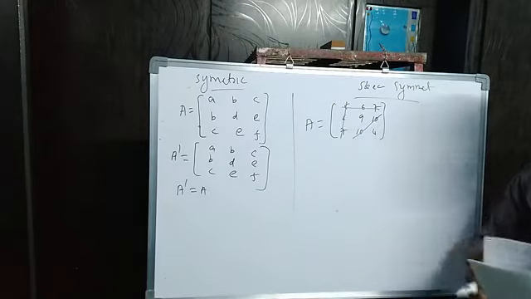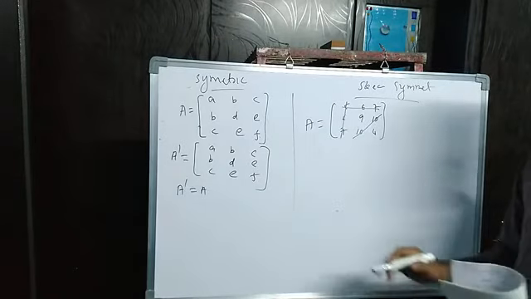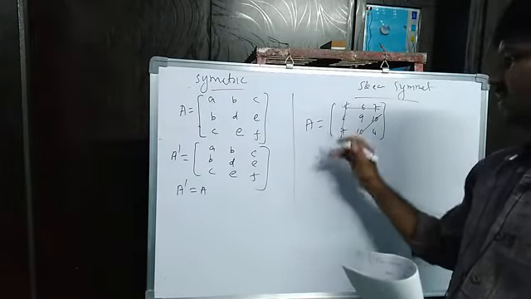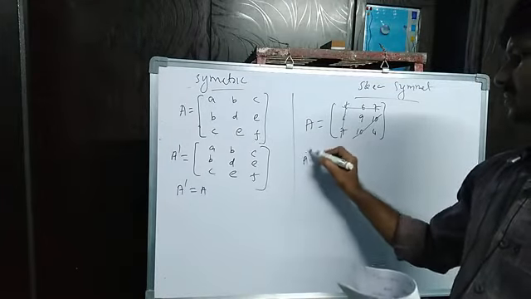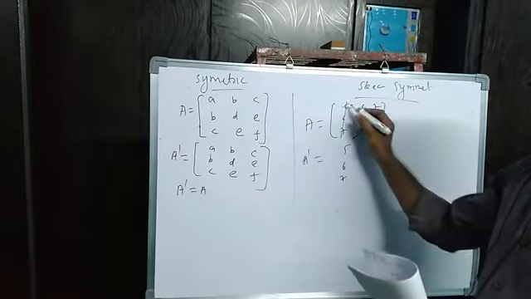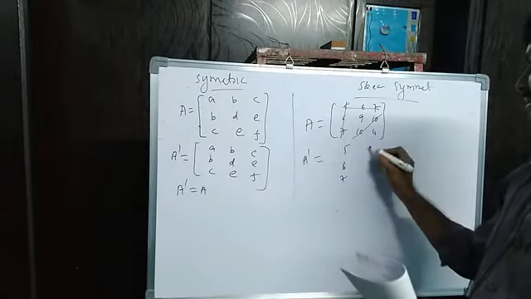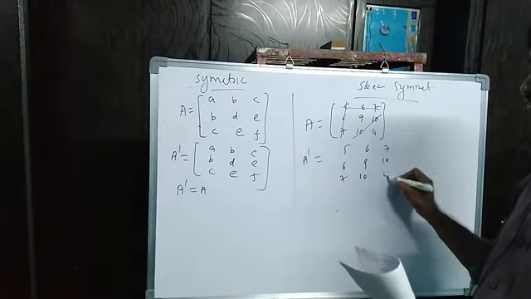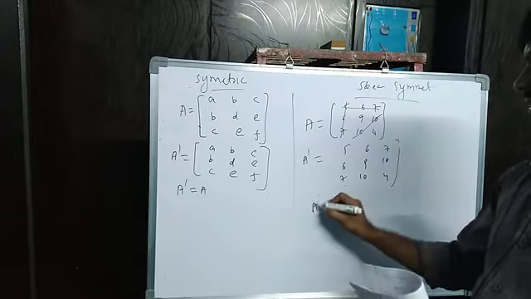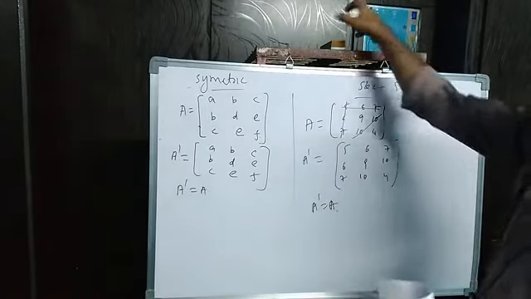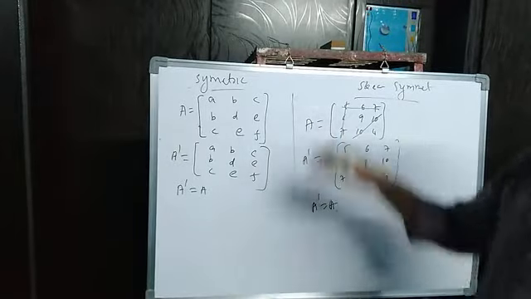These two must be different elements. Then it is symmetric. That means if you write the transpose matrix of A, you will get the same matrix. A transpose equals 5, 6, 7; next 6, 9, 10; 7, 10, 4. Same matrix we get or not? Yes, A transpose equals A. So it is an example for a symmetric matrix.